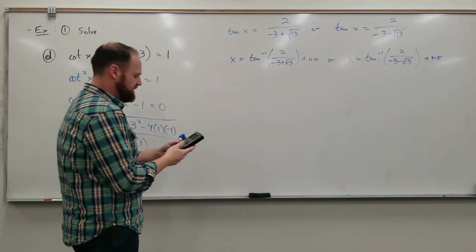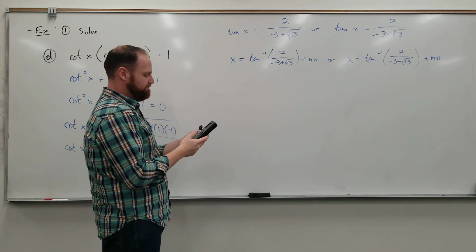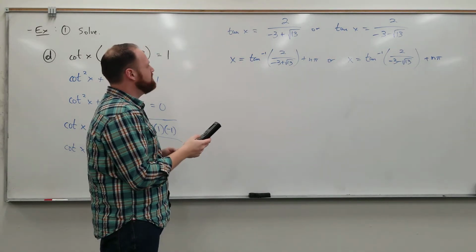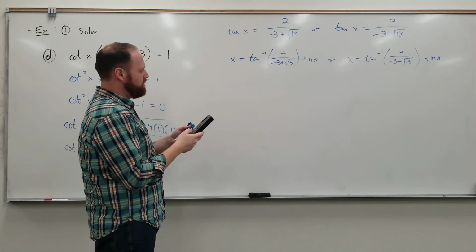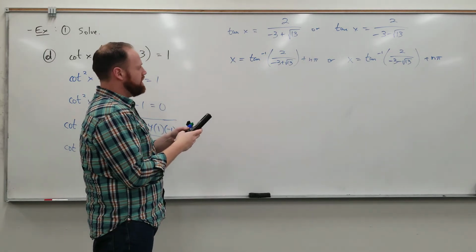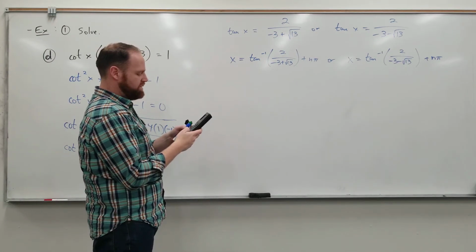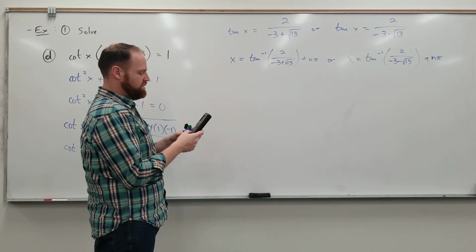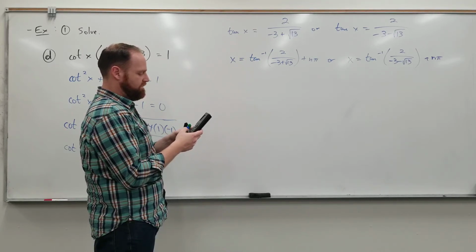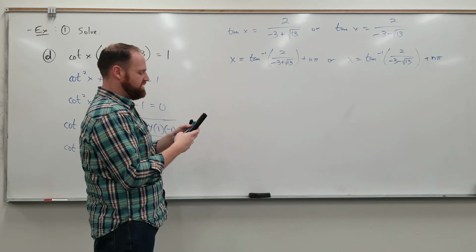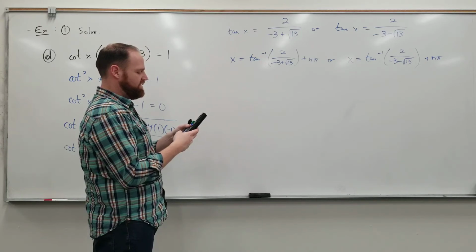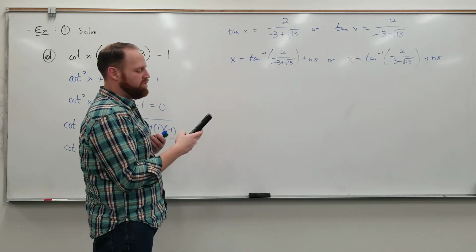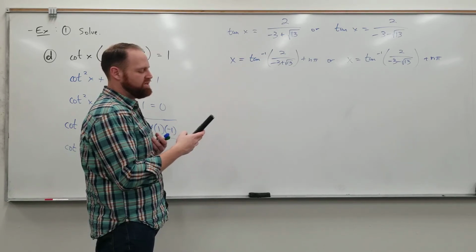So let's see about how much that is. I'm going to do tangent inverse 2 over negative 3 plus root 13. Bunch of parentheses there. That comes out to about 1.277.